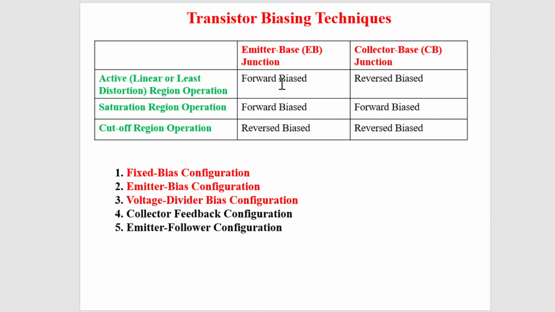The connections were made by taking care of the forward bias and reverse bias conditions at both junctions. But there was some problem with those biasings, because as temperature increases, the collector current changes because of the change in the leakage current.